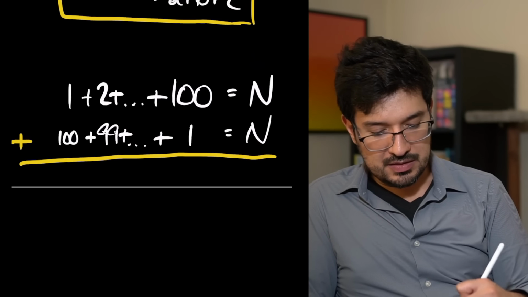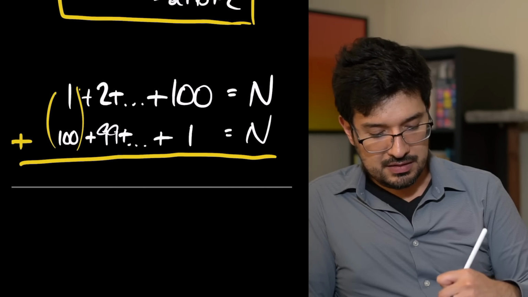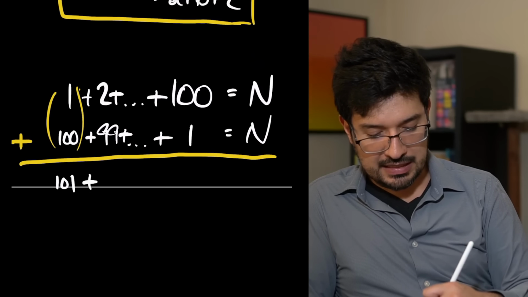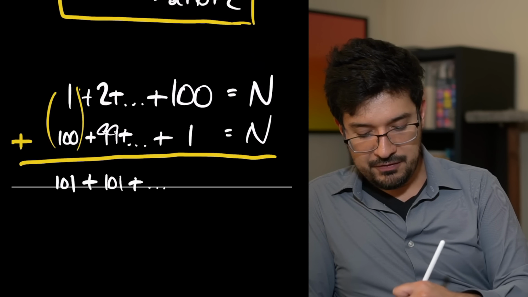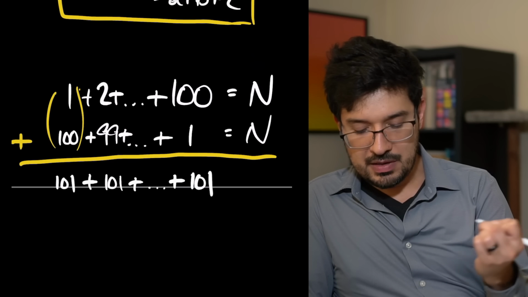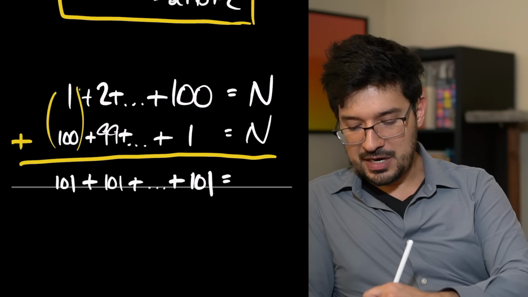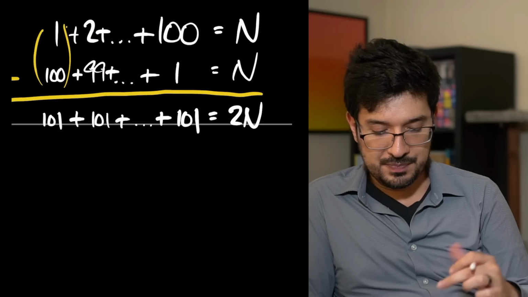So what is 1 plus 100? This is 101. What is 2 plus 99? 101. Every single column adds up to 101. And then on the right-hand side, this is 2 times n, right?